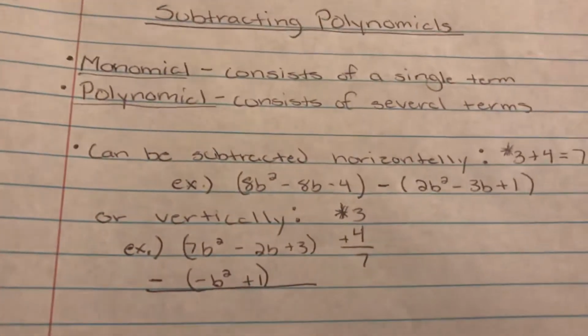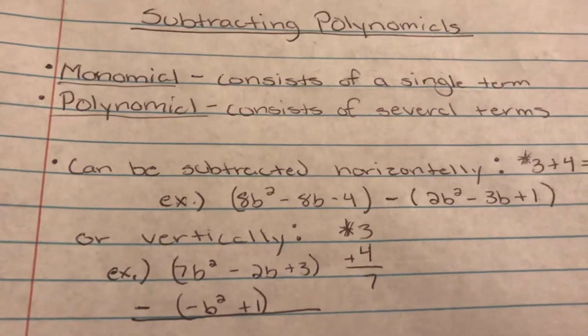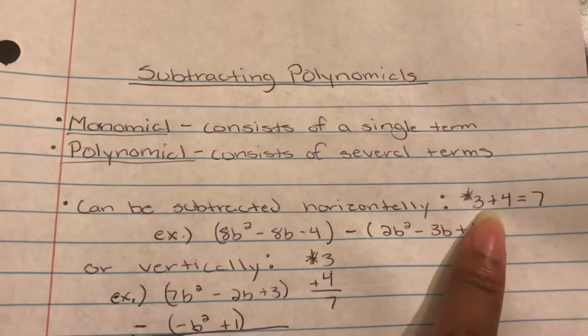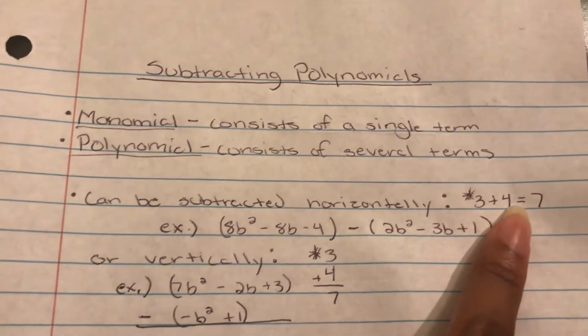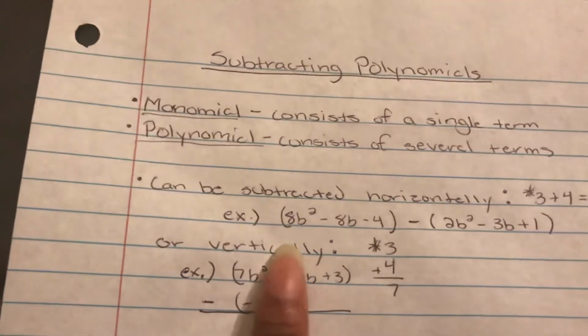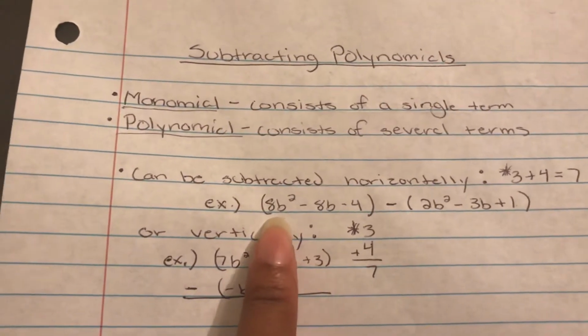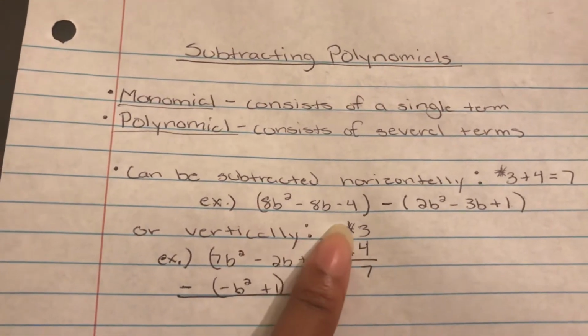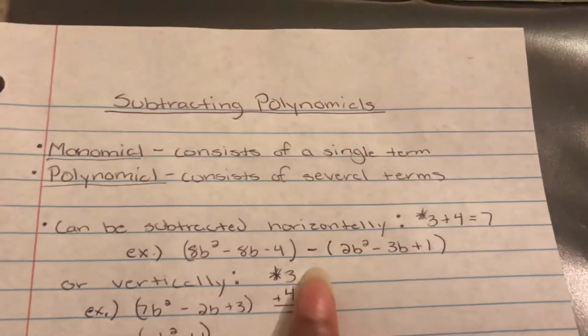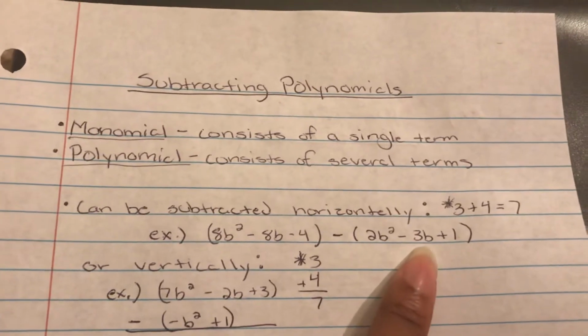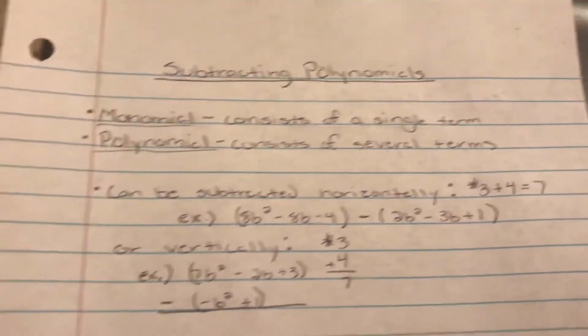These terms, or a polynomial, can be subtracted horizontally, like so. 3 plus 4 equals 7. And an example of a polynomial being subtracted horizontally is 8b squared minus 8 minus 4, in parentheses, minus meaning subtracting, 2b squared minus 3b plus 1.